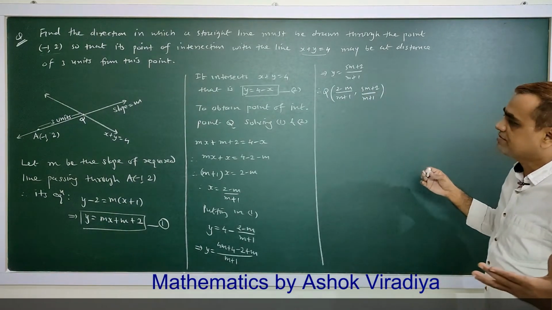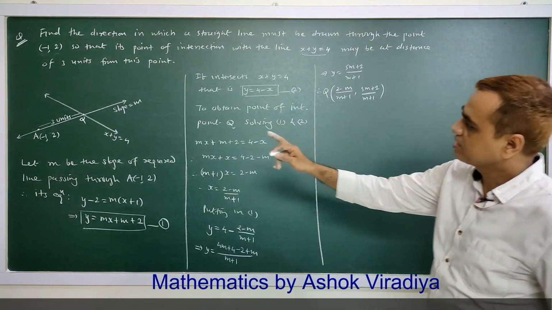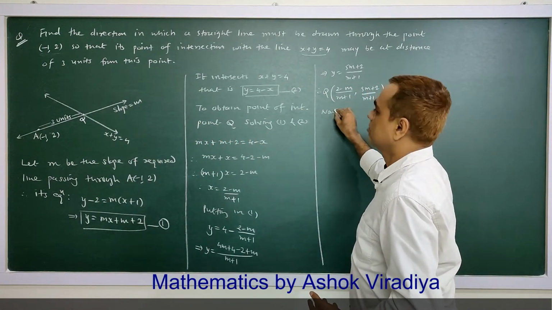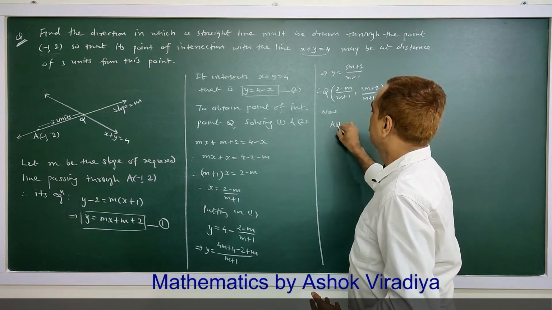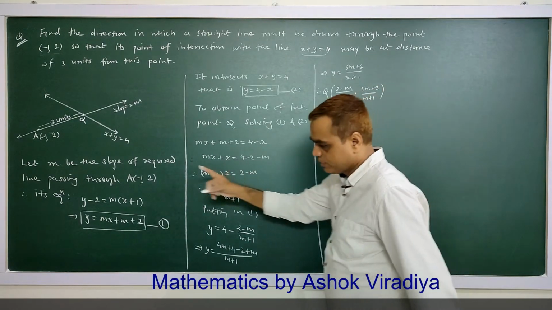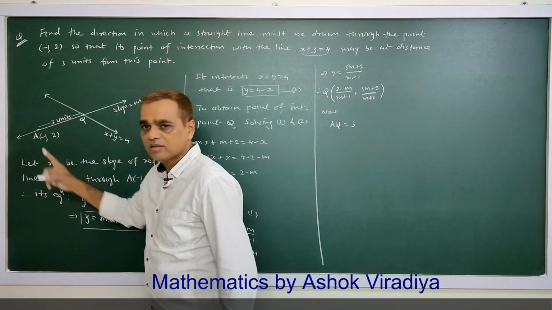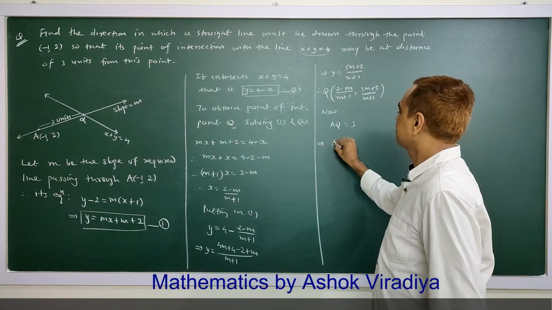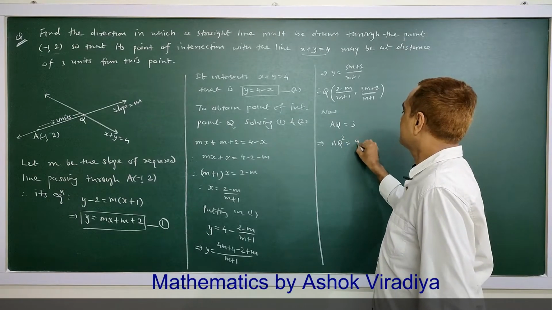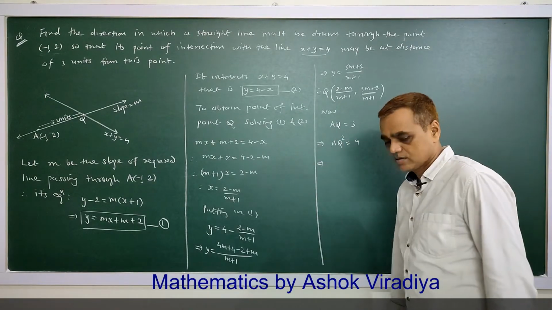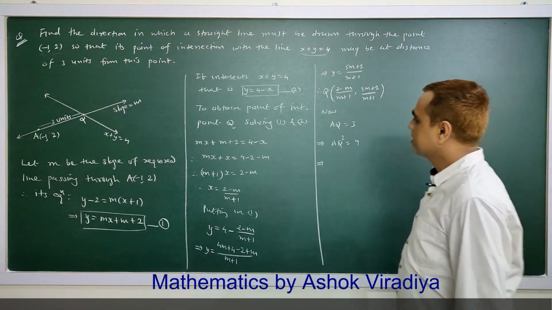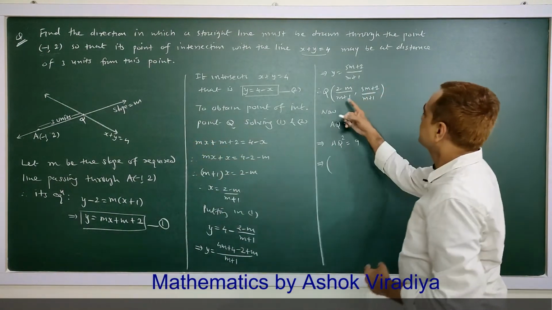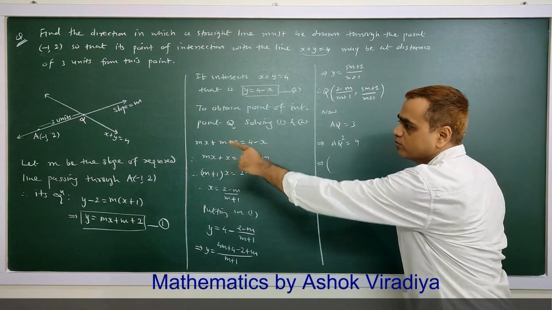Now after getting Q, we use the distance formula. AQ is 3 units, given, so AQ square is 9. Using the distance formula, let this point be x1, y1 and this be x2, y2.